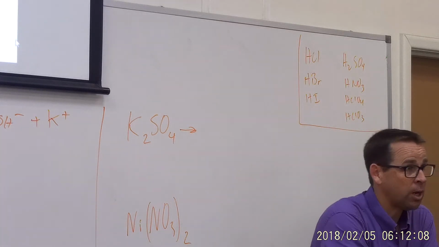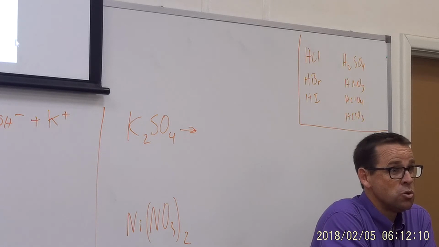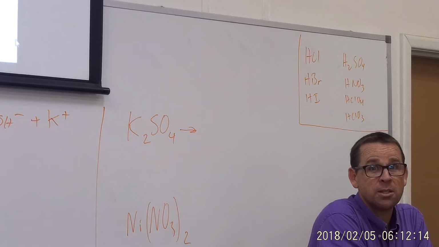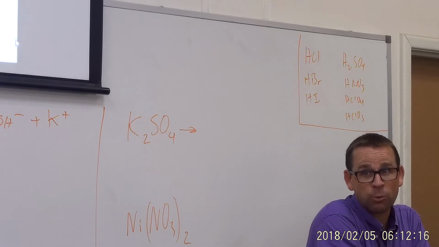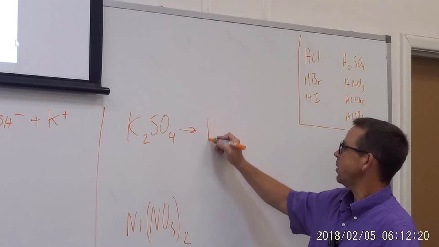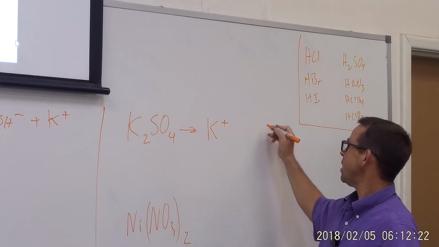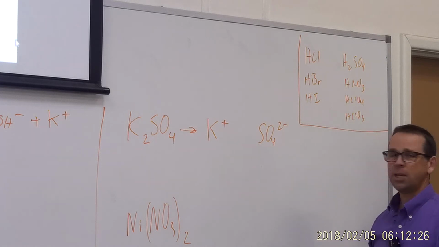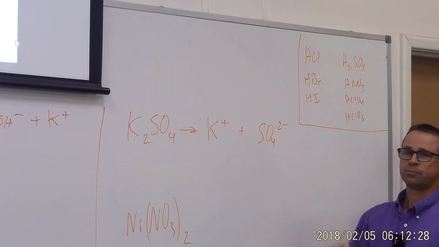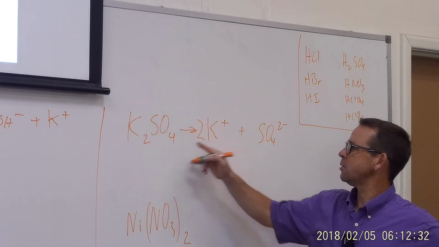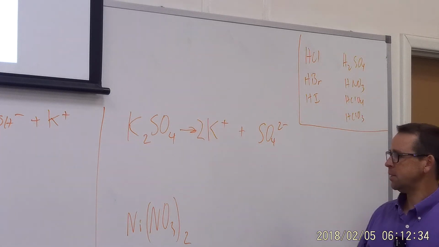How do we know? Rule 4 says that sulfates are generally soluble, and Rule 1 says that potassium ion is always going to dissociate. So I'm going to get potassium ions, and I'm going to get sulfate ions. Am I done? 2 potassium ions, right? Excellent.